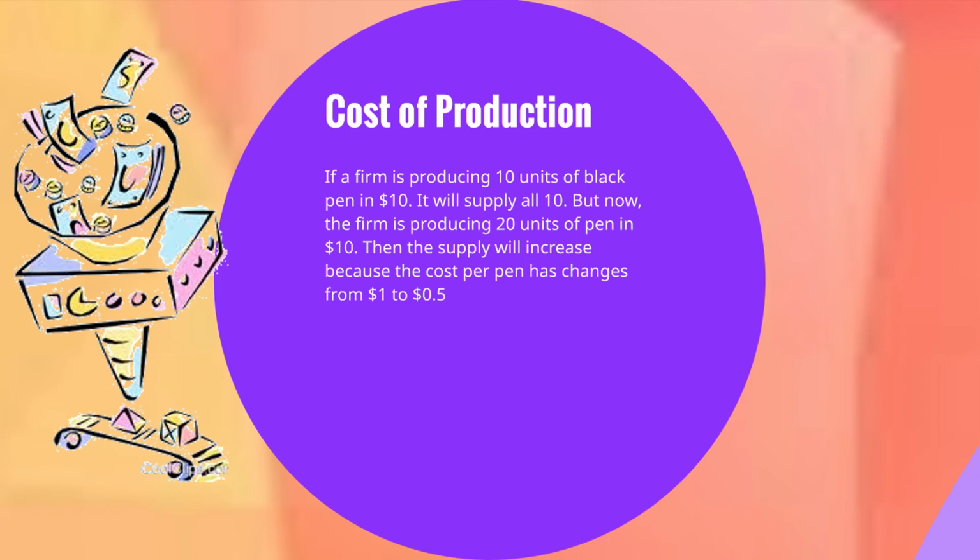This will encourage the firms to decrease the supply of the product because the cost of production is too expensive. Cost of production is any cost incurred for the procedure to produce a good.